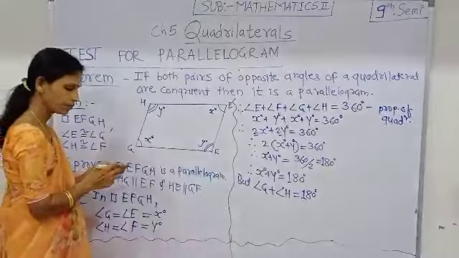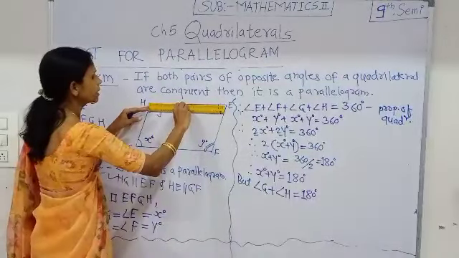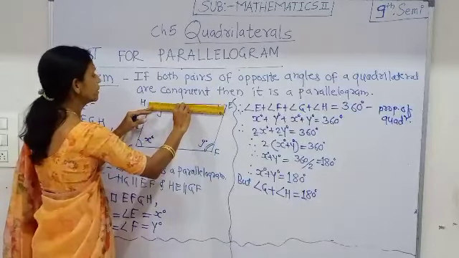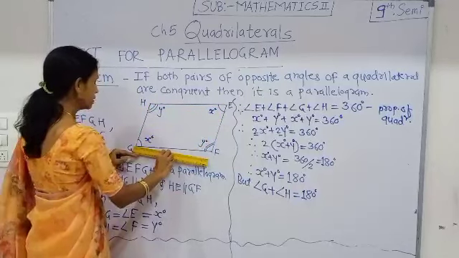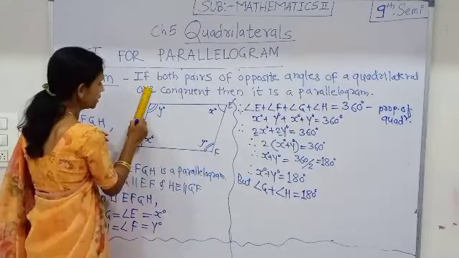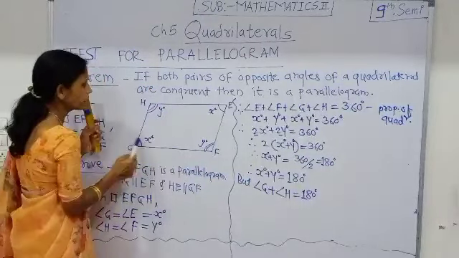Therefore, considering line EH and line GF, that is side EH and side GF, with transversal HG, those angles are interior angles.